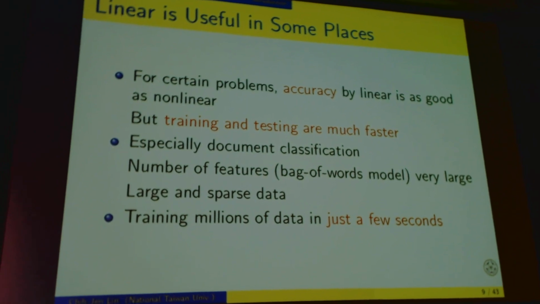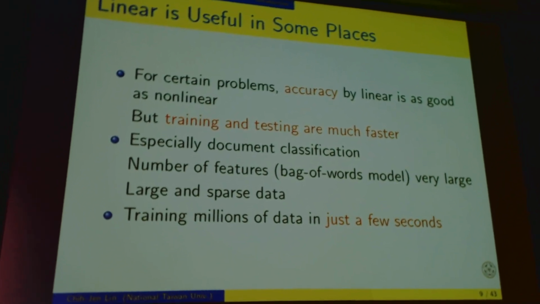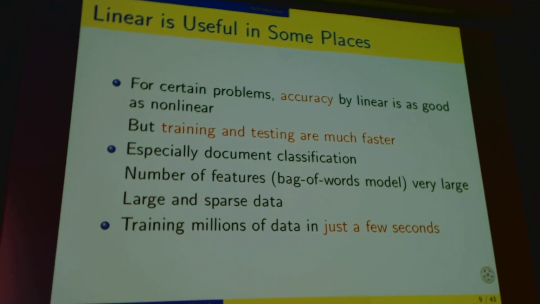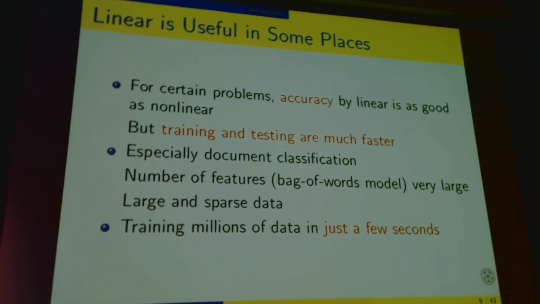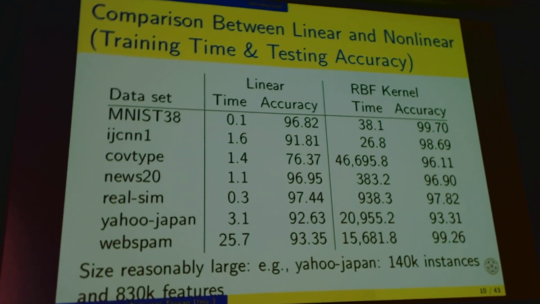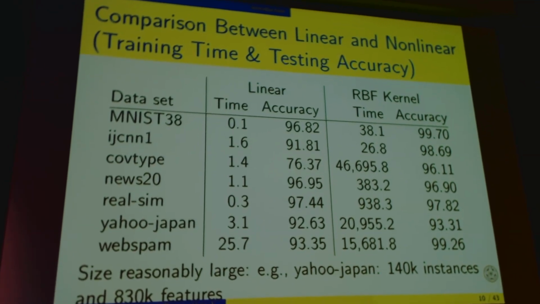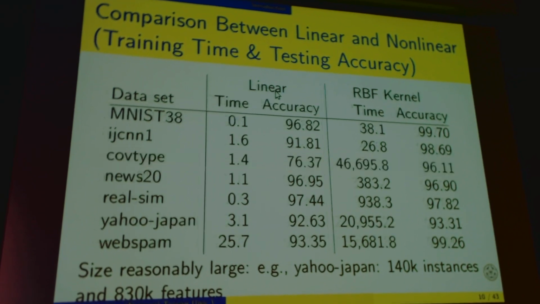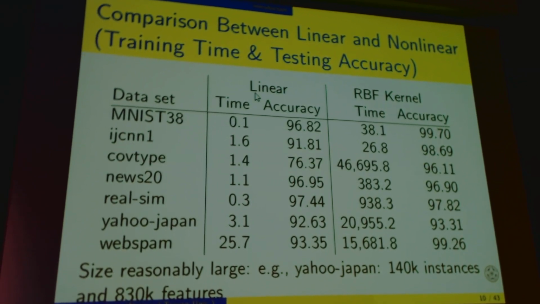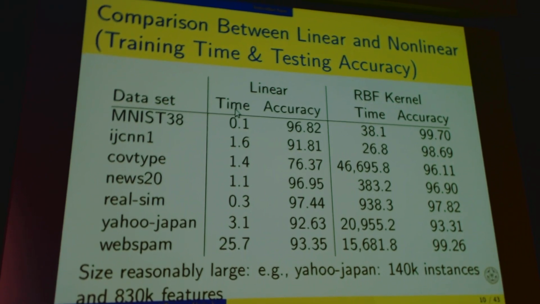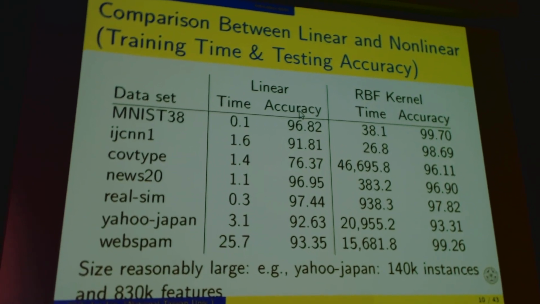We call such data sparse data. And the status right now is that you can train millions of such data in just a few seconds. Here I show a comparison between using linear and the kernel. For the first part, I show the result of linear. Here time means the training time, and accuracy means the test accuracy.